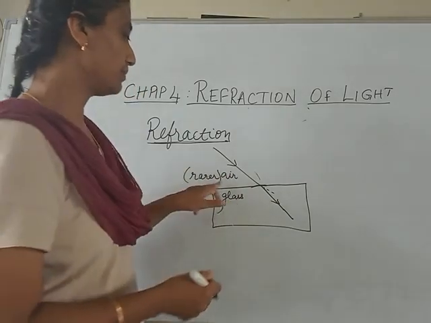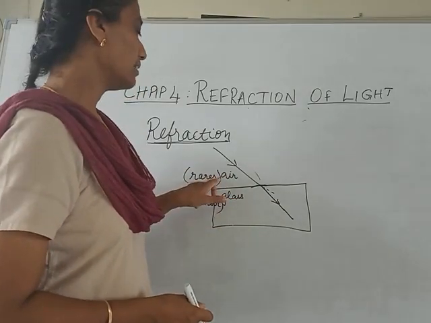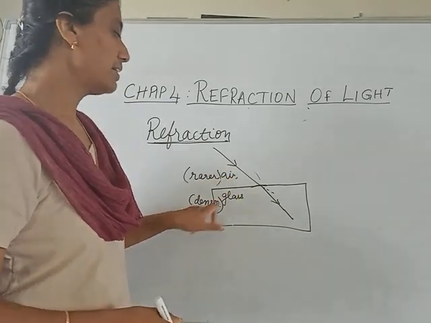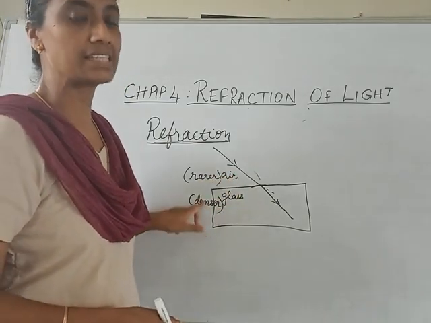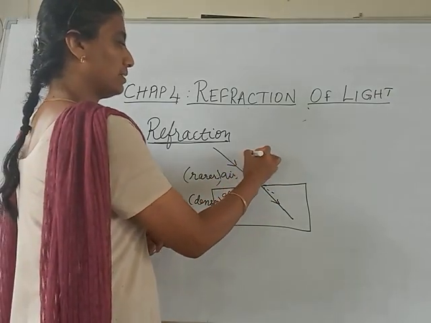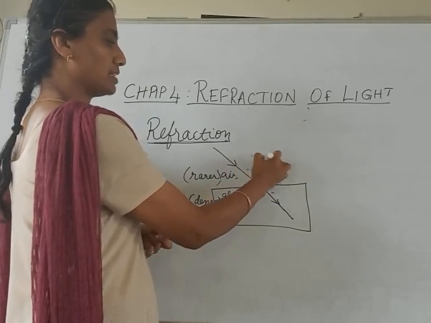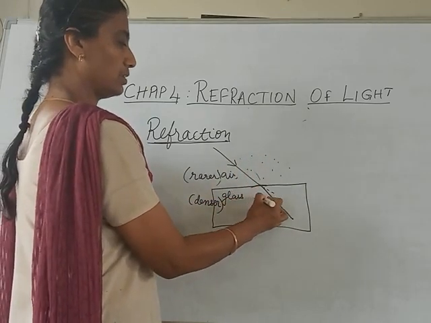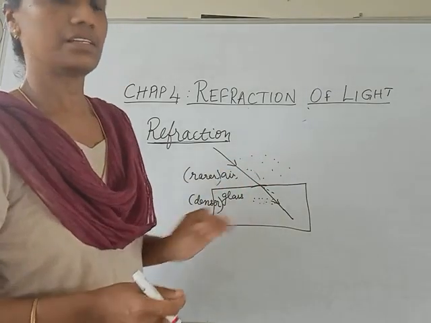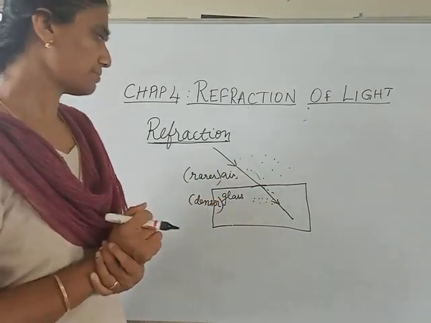Now, what do I mean when I say rarer and denser? Density of air is less, and density of glass is more. Here the molecules are much apart. Here the molecules are much closer. That is the meaning of rarer and denser.